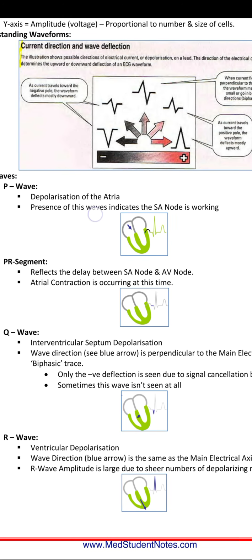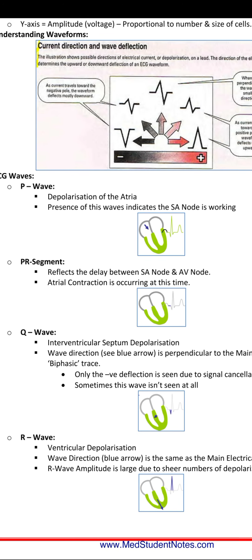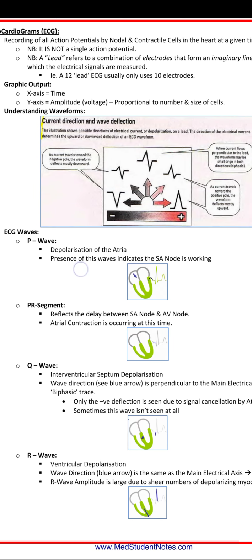Atrial contraction is occurring at this time. What is the function of the first wave? It helps us identify that the SA node is working. What is the function of the PR segment? It helps show that the atria is contracting. So that is about the PR segment.